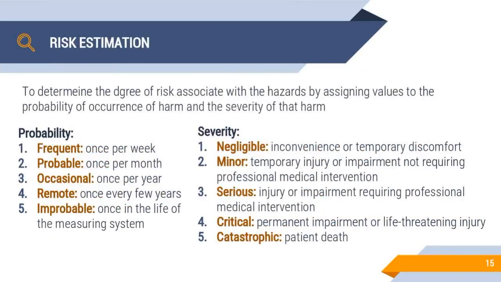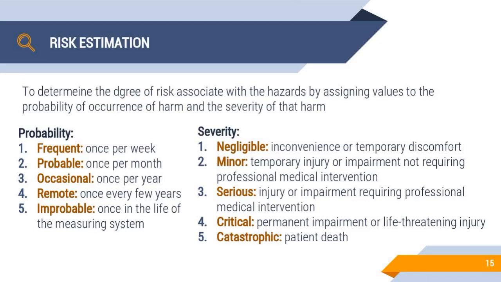Risk estimation: after I have identified my failure modes and potential errors, I have to estimate the probability and severity. There are 5 probability levels: frequent, which could happen once per week; probable, once per month; occasional, once per year; remote, once every few years; and improbable, one time in the life of this measuring system.